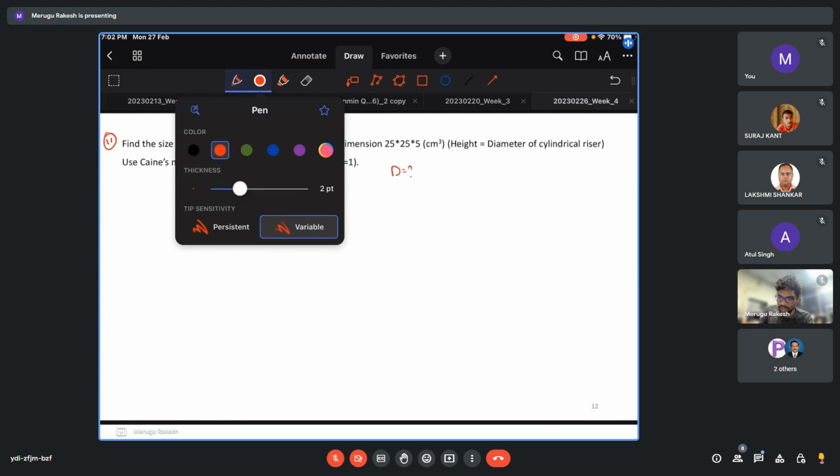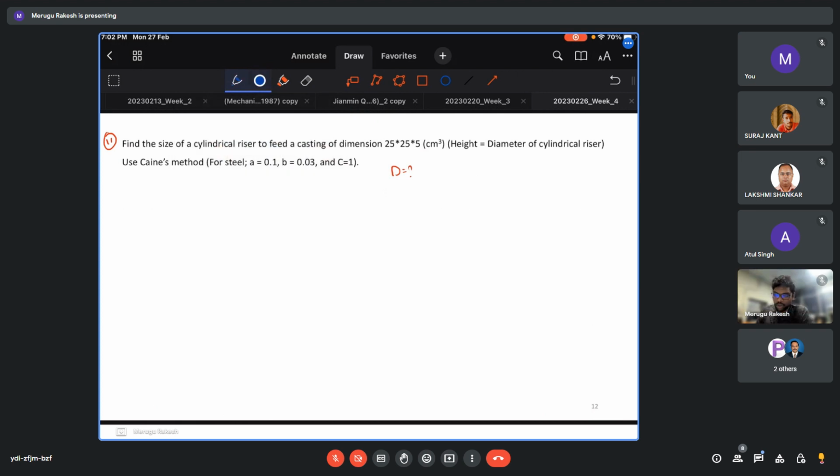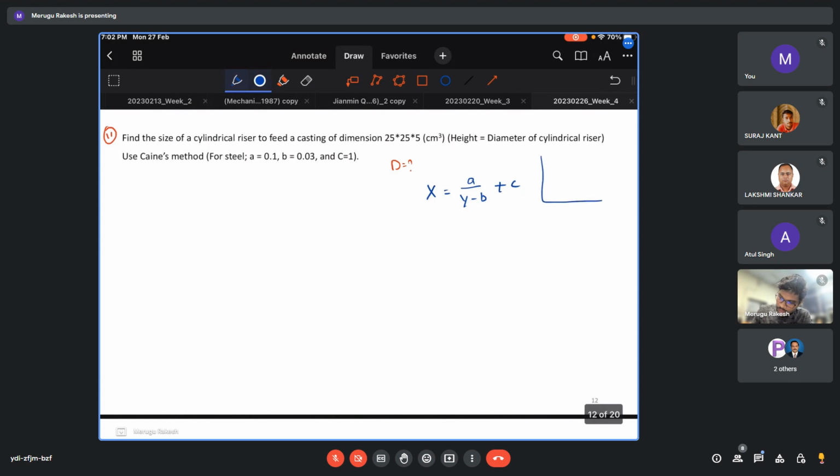So I will give the formula for this Caine's method. Capital H is equal to a over (y minus b) plus c. Does anyone remember what x and y are? This is just a plot. If you see, the plot will be like this.